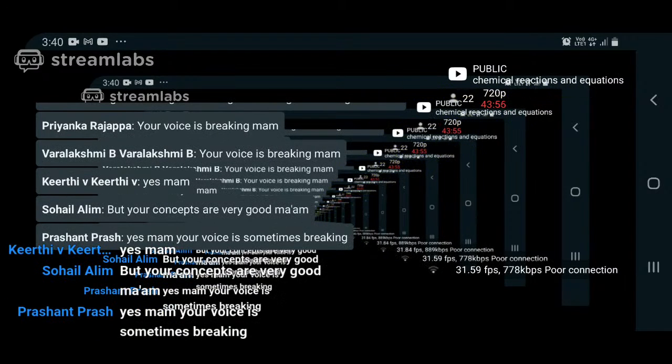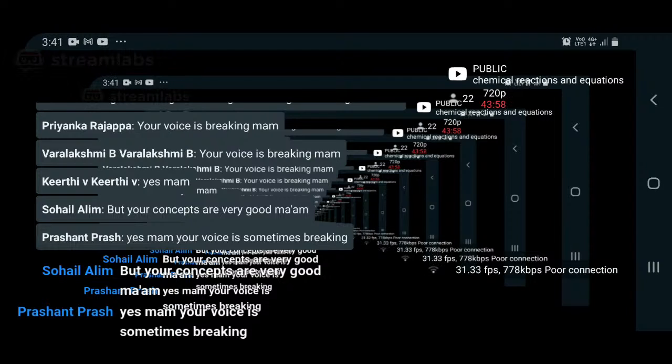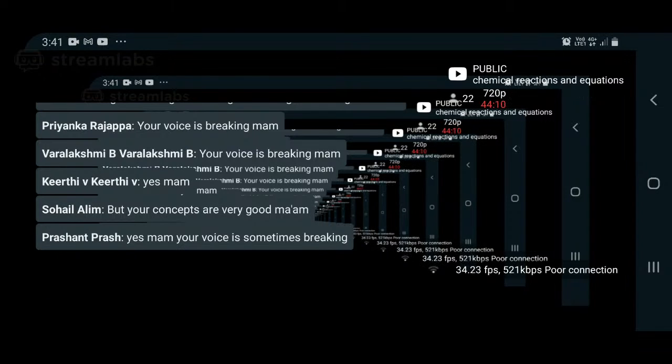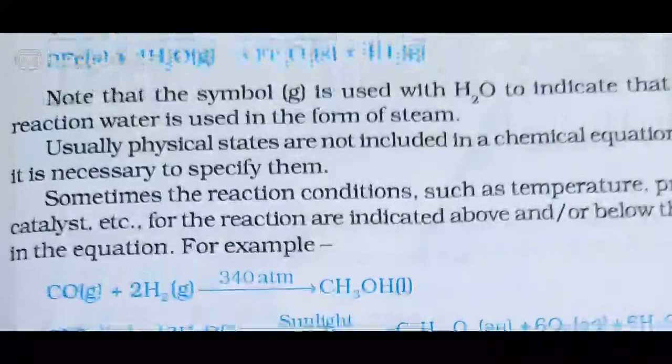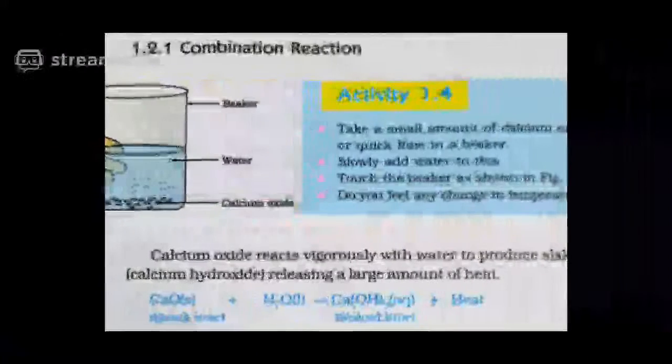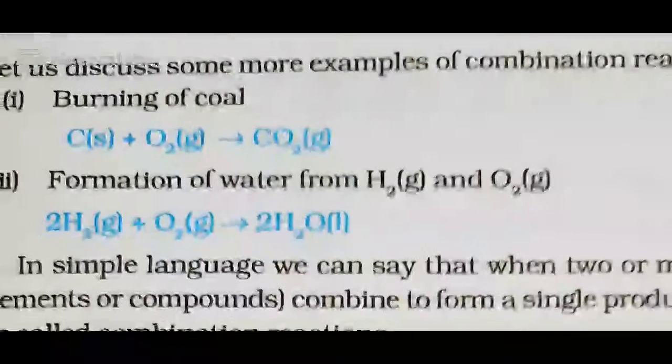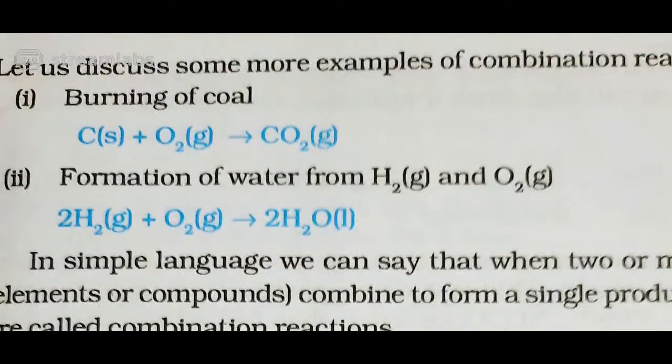Reactants combining to form one product is known as chemical combination. Thank you so much, Suhail. Carbon reacts with oxygen to form carbon dioxide.